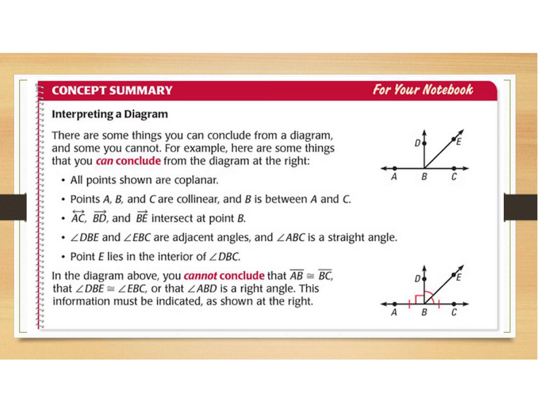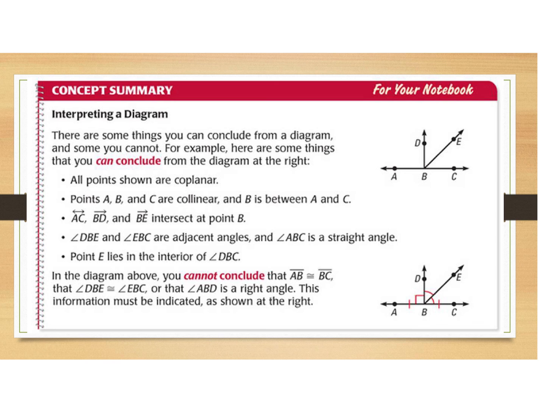So again, you have to be given angle measures or congruency marks to conclude that something is congruent, or if it's a right angle, it needs the box, or it needs to be labeled with 90 degrees. Later on, we're going to also learn that perpendicular lines form right angles.